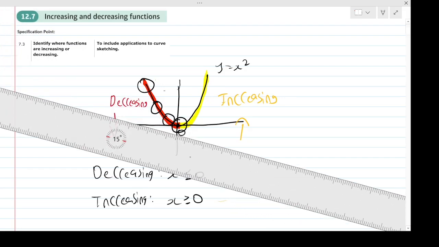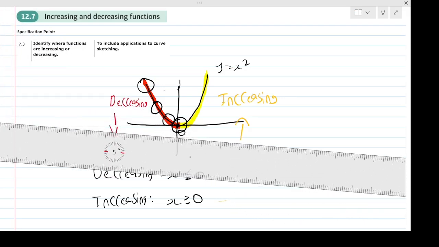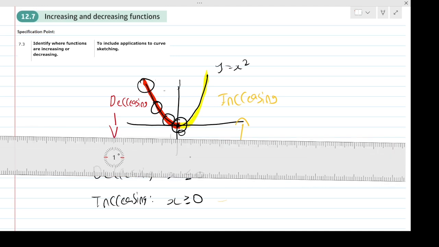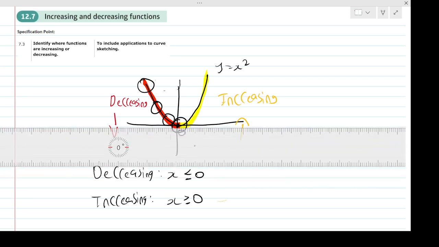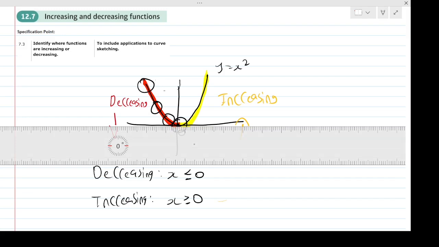Actually at 0 it would just be a flat line. So what's happening as we're decreasing until we're increasing is that the gradient is negative, but it's becoming less and less steep until the line is flat, until there's no gradient. So the gradient is negative until it becomes 0, until it's flat.